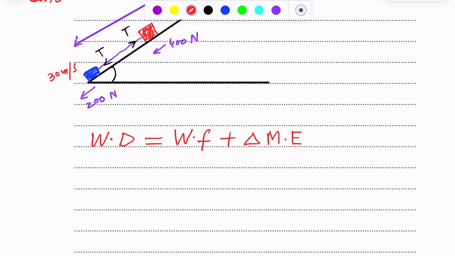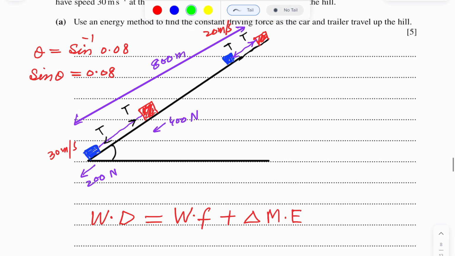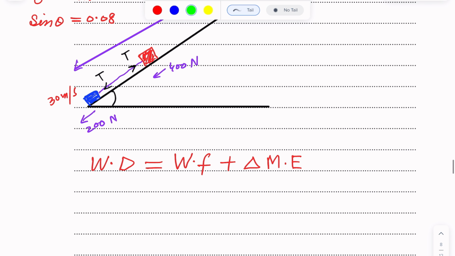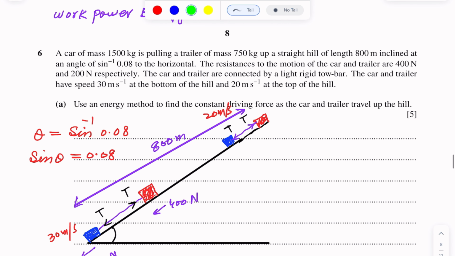So work done by driving force will be F into D. We have to find driving force into D. Distance is 800 meters from bottom to top.